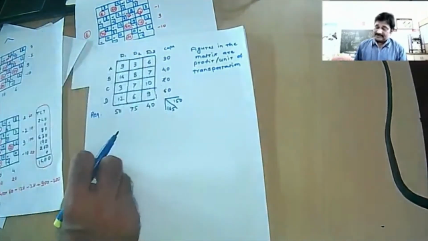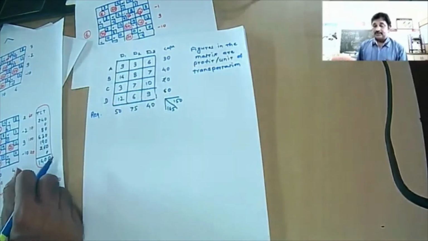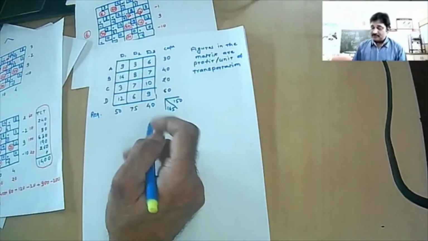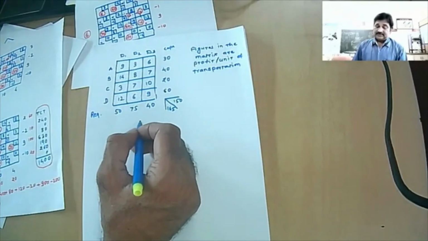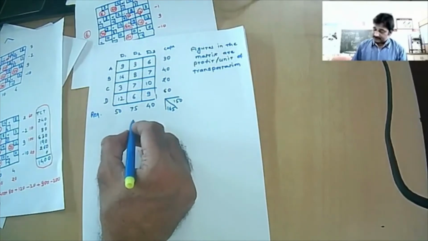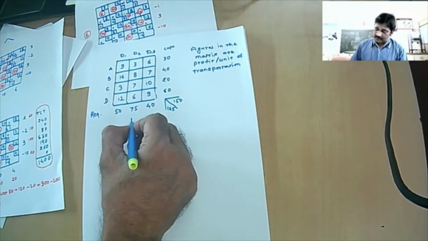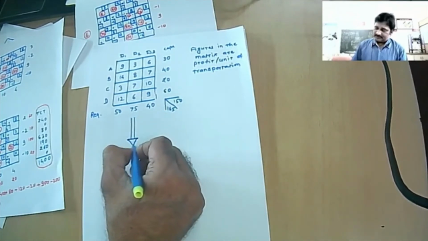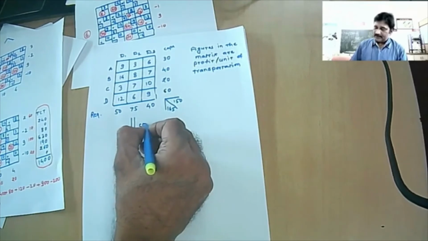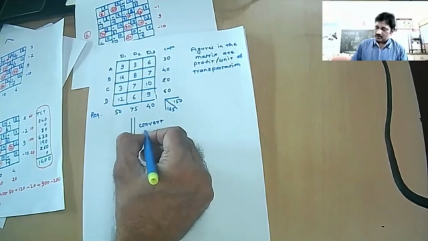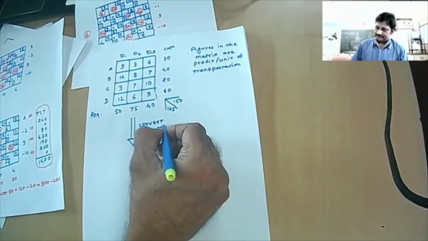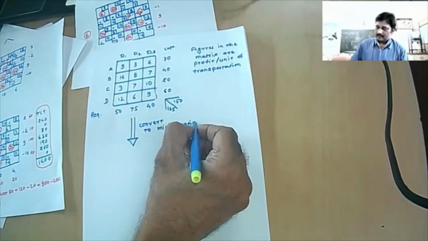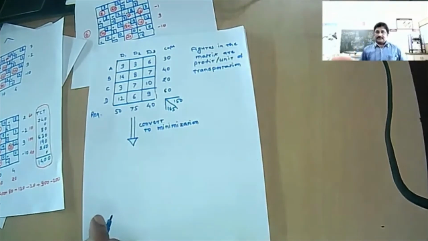Now this is a maximization problem, and we have learned in the previous few lectures the minimization type of transportation problem. So what we will be doing, we'll be converting this problem to minimization first. Convert to minimization, right?